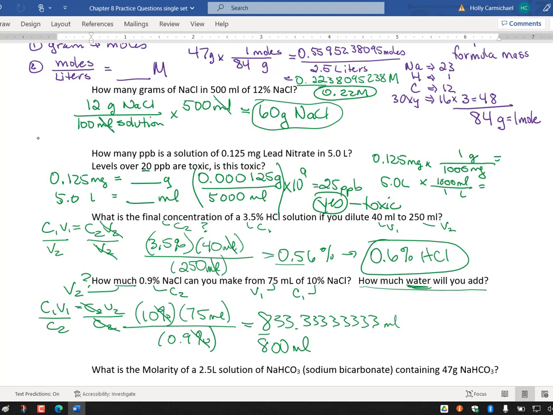You would do that by subtracting the volumes. So 800 minus 75 mils would tell me that I would end up using 725 mils of water. So I would have 800 mils total. 725 mils of that would be water. The rest would be the 10%.